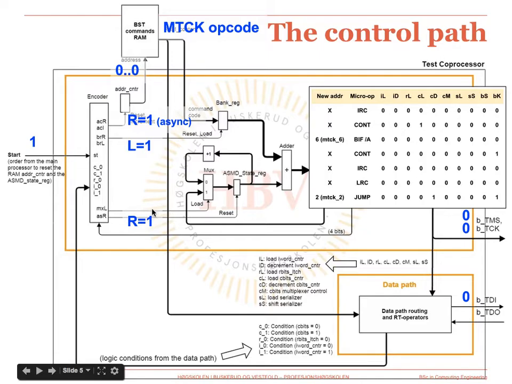So the operating conditions set up by the external start order are represented as shown in this slide. Notice that the reset signal for the shared memory address counter must be asynchronous, and I repeat, it must be asynchronous, because we must have the first test command opcode already available in the RAM content bus when we load the bank register to select the corresponding initial position in the microprogram memory section, and this will take place at the next rising edge of the system clock cycle.